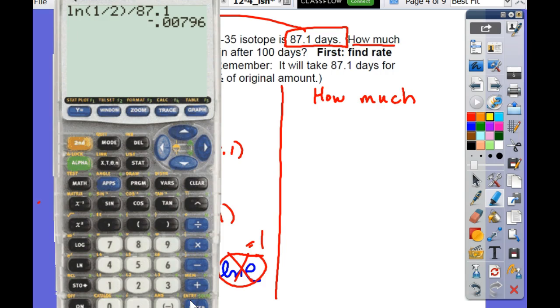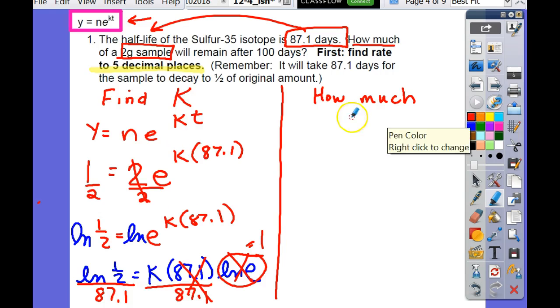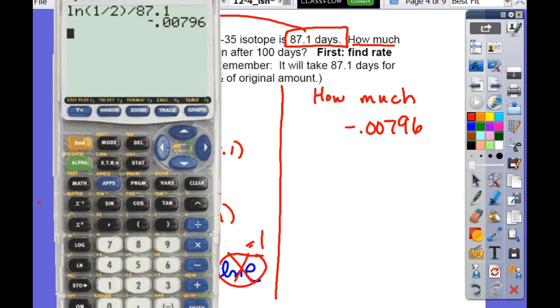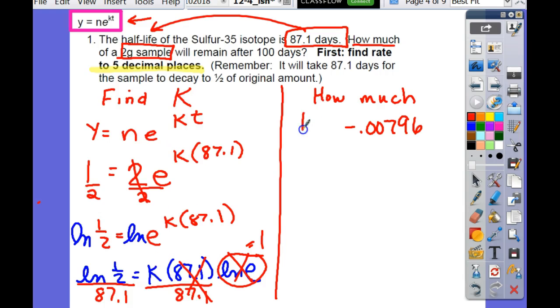So 0.00796. As I said, you will round it to 5 decimal places, because that's what it says up there in the problem. So, yes, that is how much K is, and we're rounding it to 5 decimal places. You need to have at least 5 decimal places, or there will be too much rounding error.